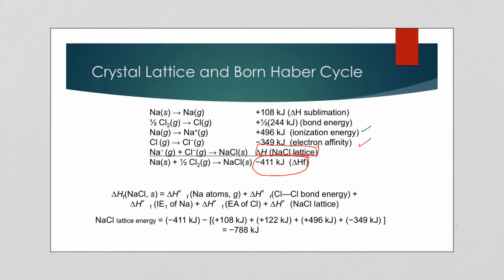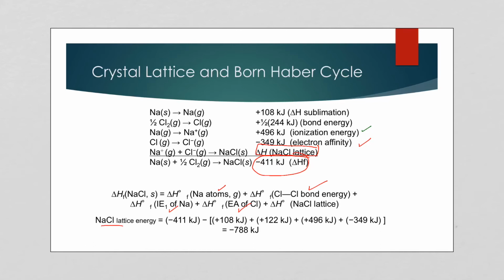So if we lay this out, we have the delta H of formation, my negative 411, equals the delta H of sublimation for sodium atoms, the breaking of the chlorine-chlorine bond, the first ionization energy of sodium, the electron affinity of chlorine, and then of course the lattice energy. We want to solve for this, so we move everything else to the left side of the equation.